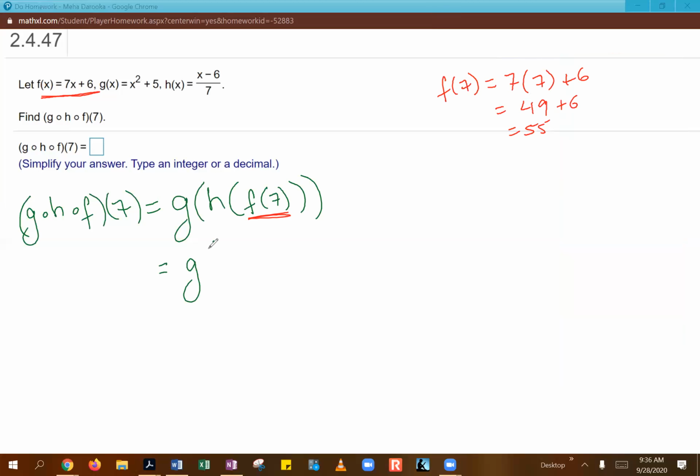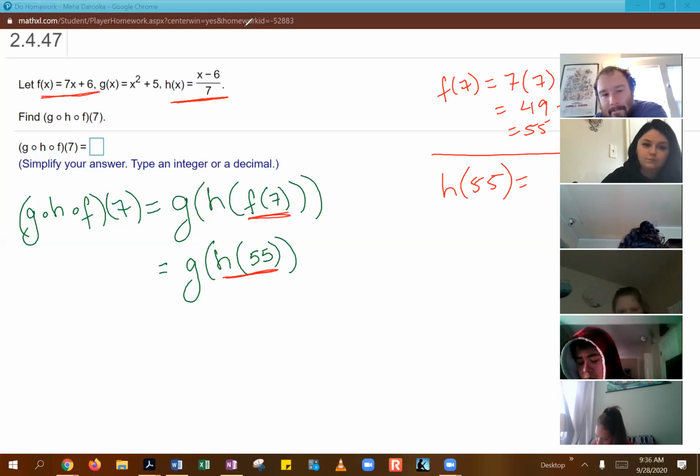That's again G on the outside, H on the inside, but now we are replacing F of 7 with the answer 55. So now we are going to be doing H at the value of 55. And that's this function right over here. So what do you think H of 55 will come out to be?